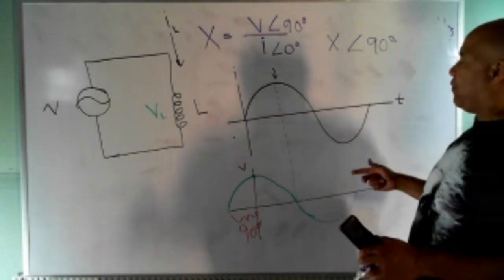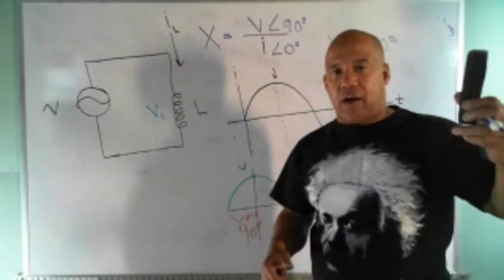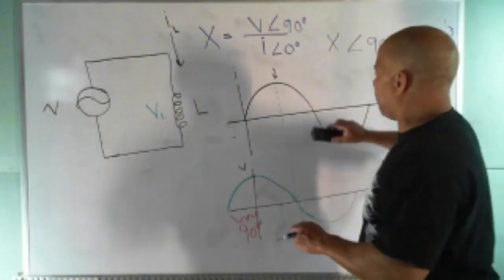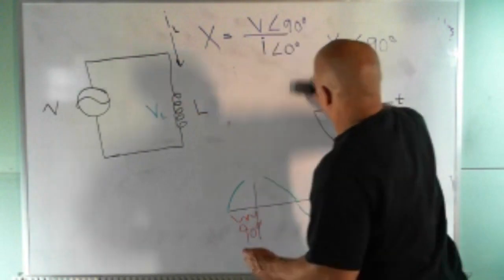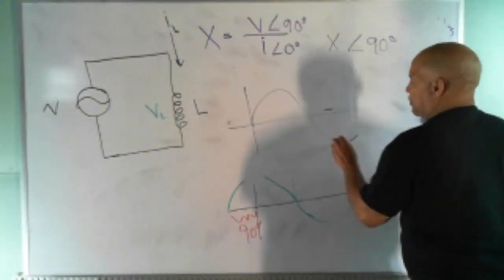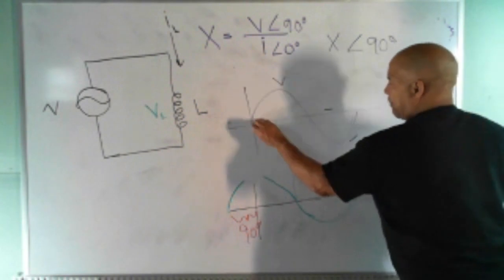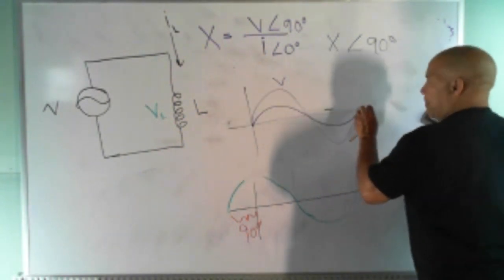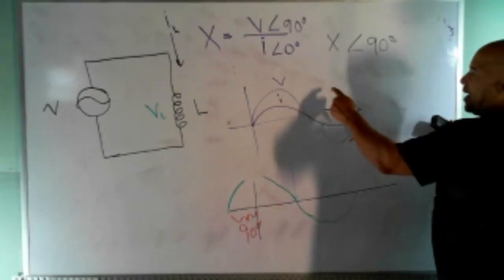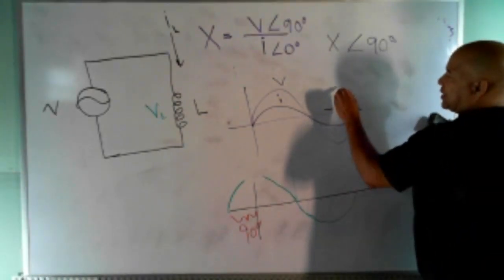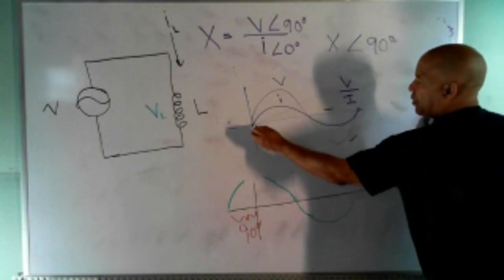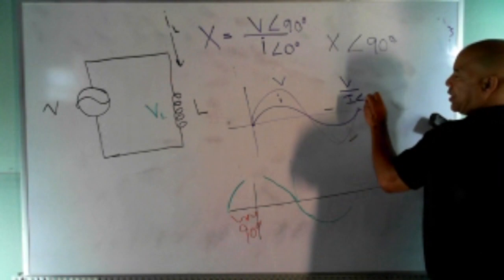You remember, for the resistor, the current and voltage were in phase. We drew the graph like this. We have voltage and we have current. They were in phase. So if I wanted to figure out the resistance, I take the voltage divided by the current. But since they're in phase, this phase angle is 0 and this phase angle is 0.